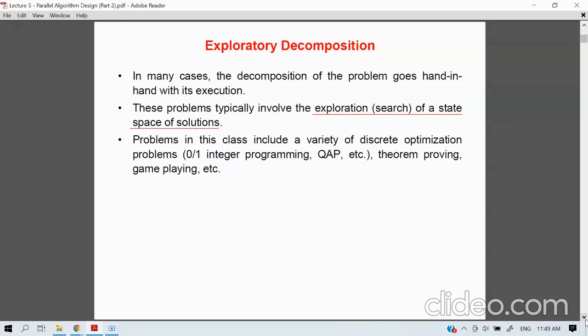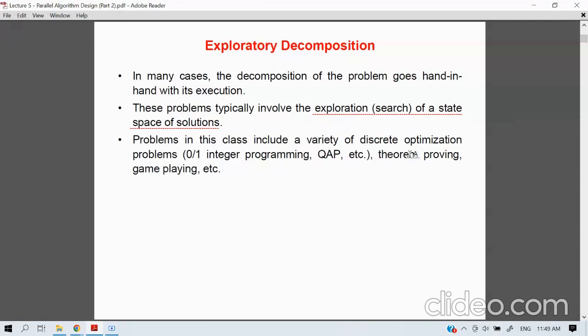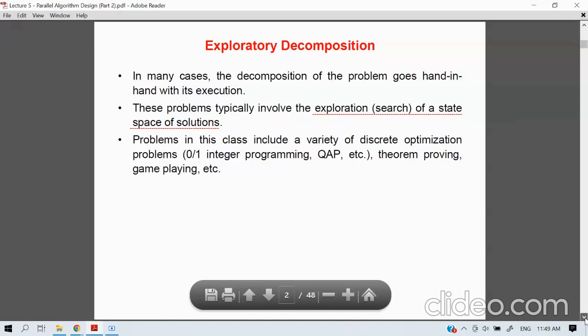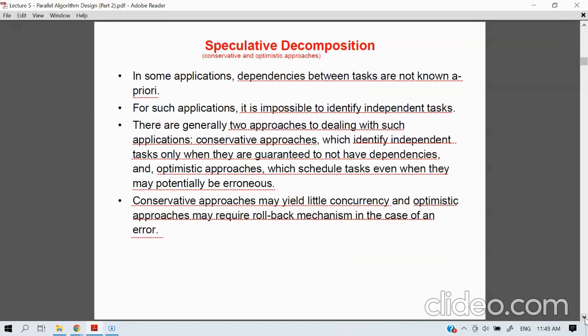You need to know what kind of problems it can be used for. In this case, like game playing, proving theorems and so on, you might use exploratory decomposition.